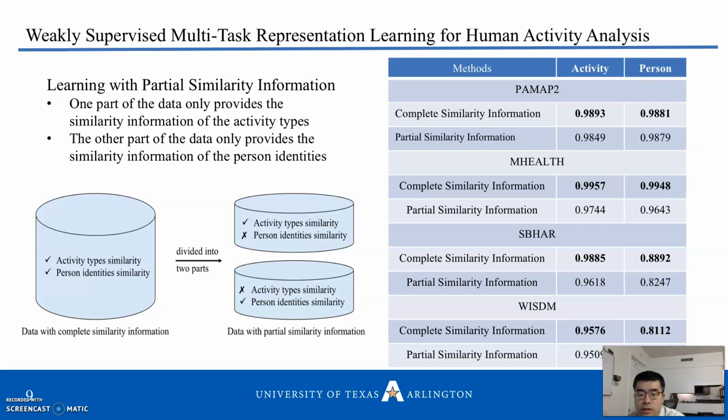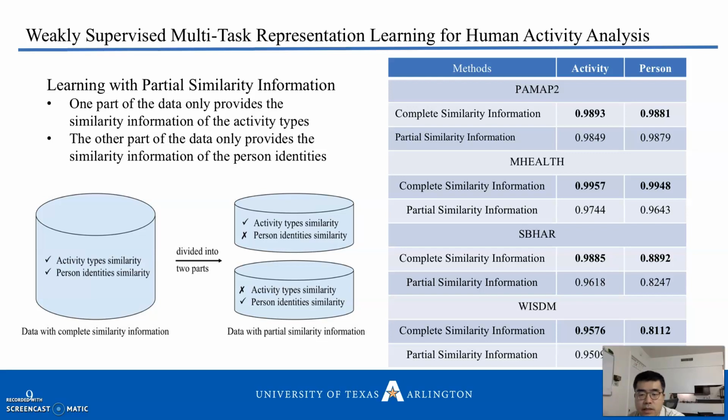One part of the data only provides the similarity information of the activity types, while the other part of the data only provides the similarity information of the person identities. As shown in the result table, with only partial similarity information, the performance of the multitask method is relatively close to the performance of the multitask method using the complete similarity information.